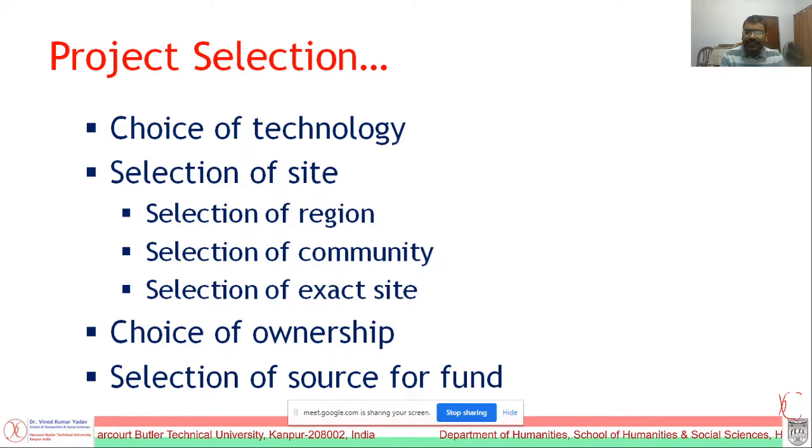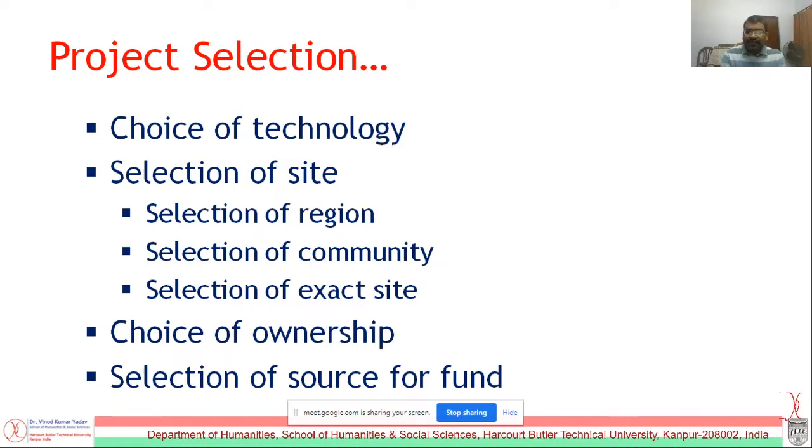So selecting a few things about your BPO, say for example, the choice of technology. Now again, this choice of technology is very important. How to choose, we will take in the next couple of slides.